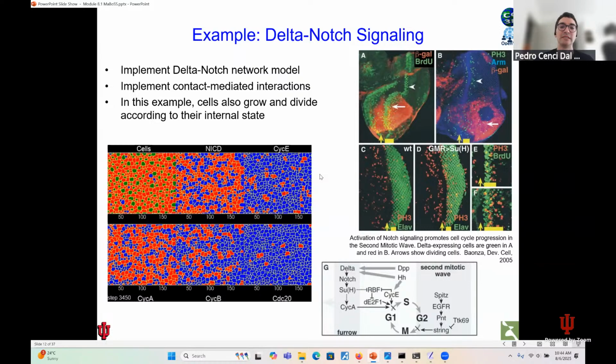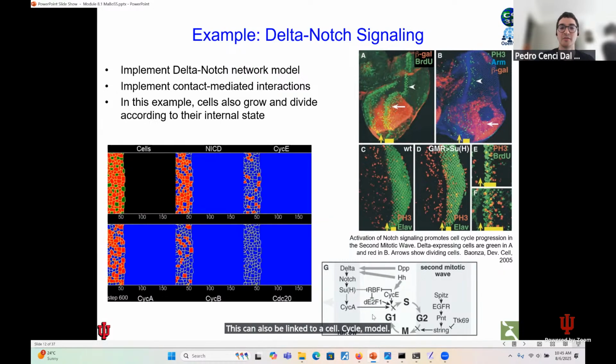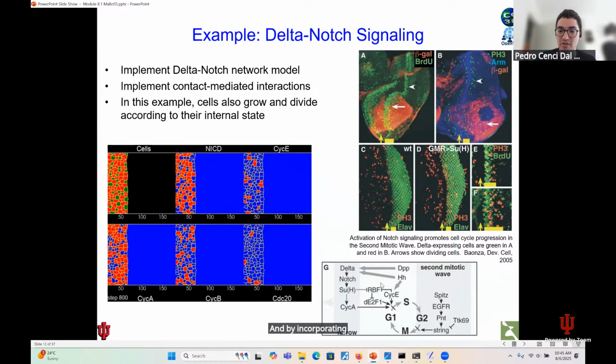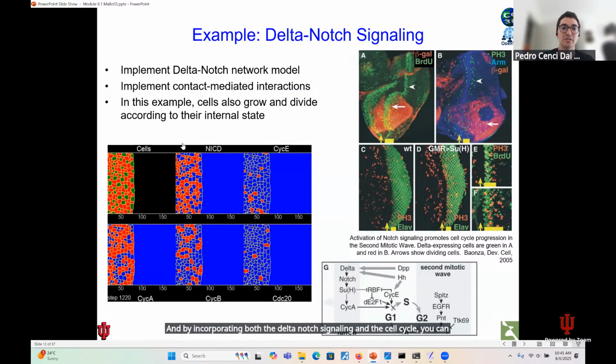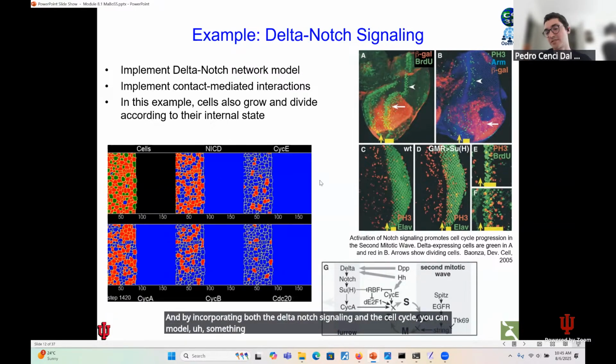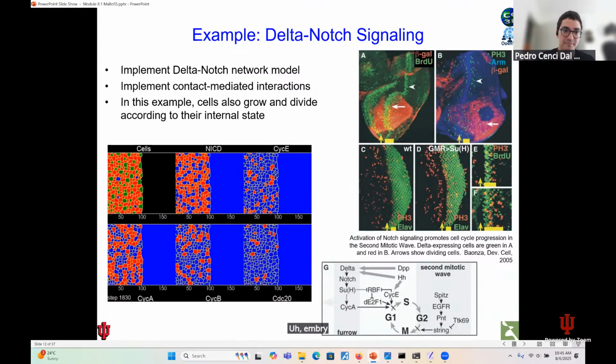This can also be linked to a cell cycle model. And by incorporating both the delta notch signaling and the cell cycle, you can model something more similar to, for example, embryo development.